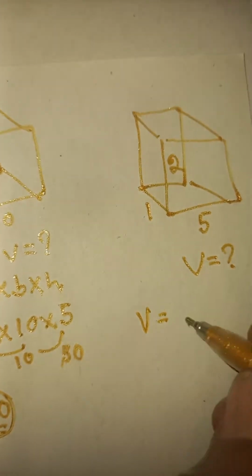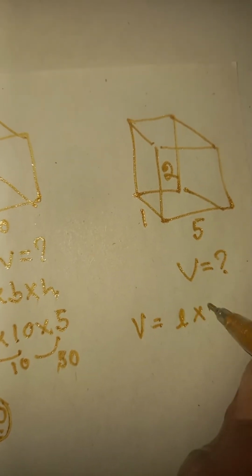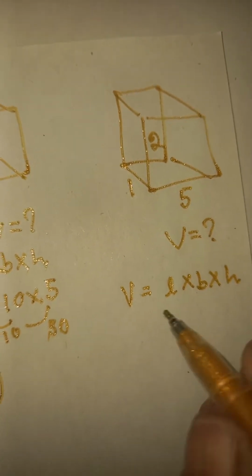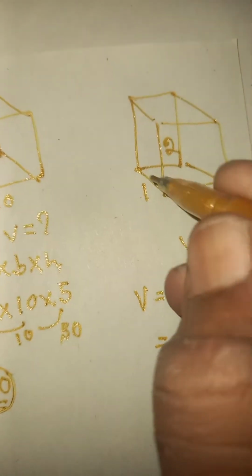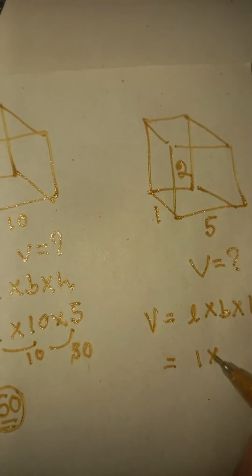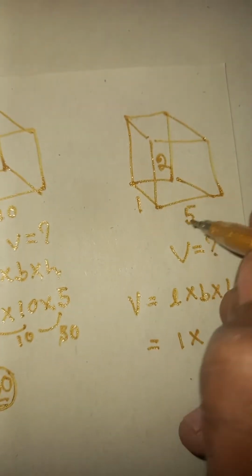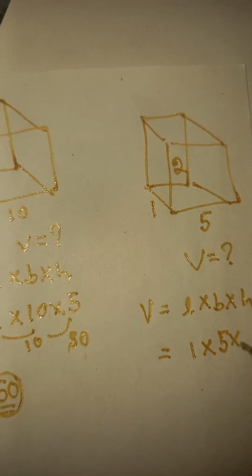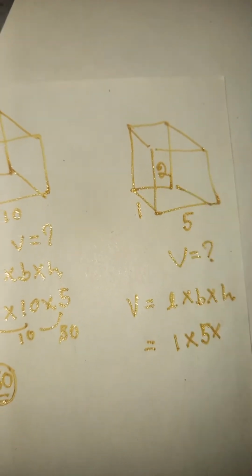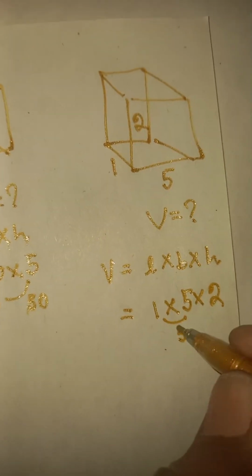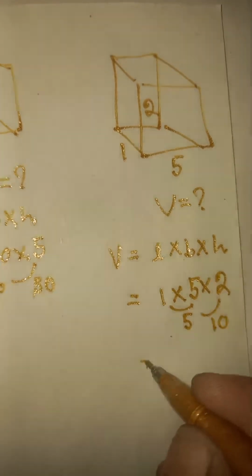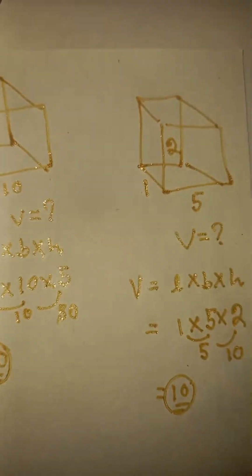Volume of the cuboid you can write as length times breadth times height. Here this is the length, which is 1 unit, times the breadth, which is 5 units, times the height, which is 2 units. 1 times 5 is 5, 5 times 2 is 10, so 10 cubic units is the volume of this cuboid. I am going to tell some more problems.